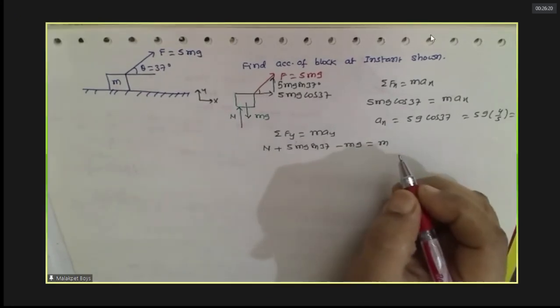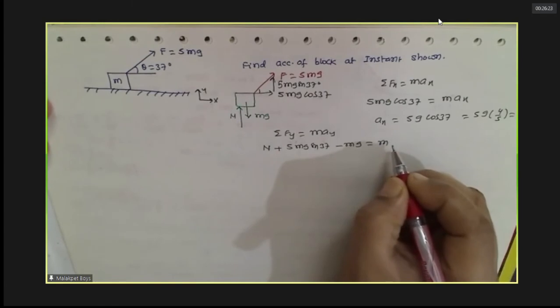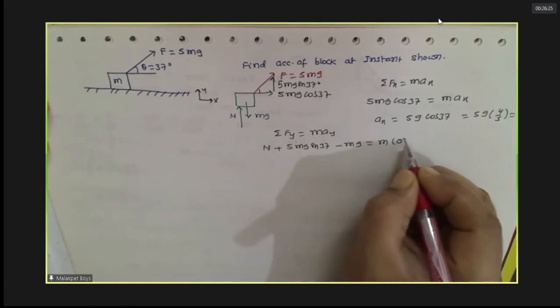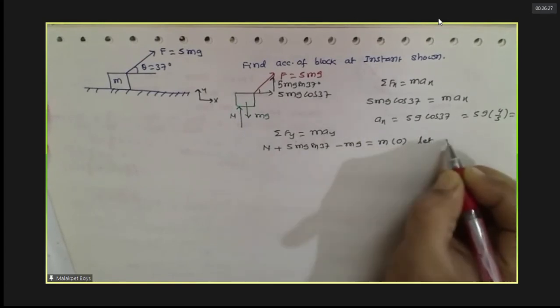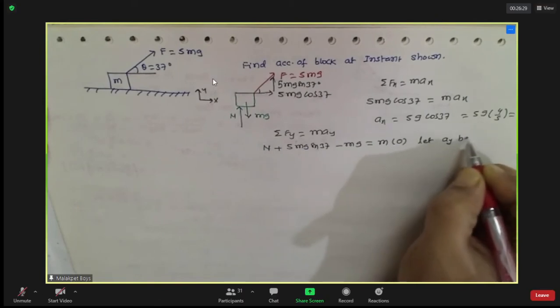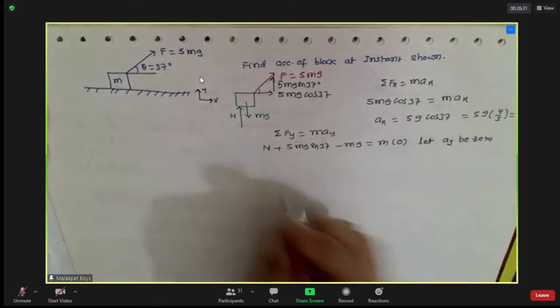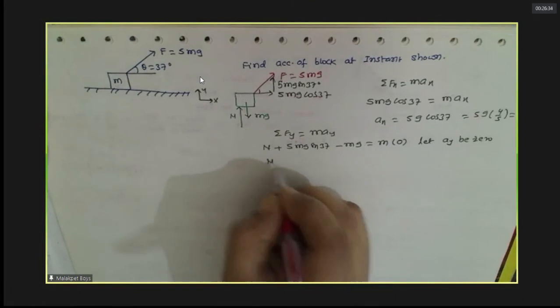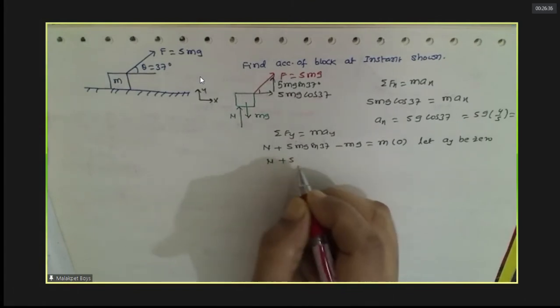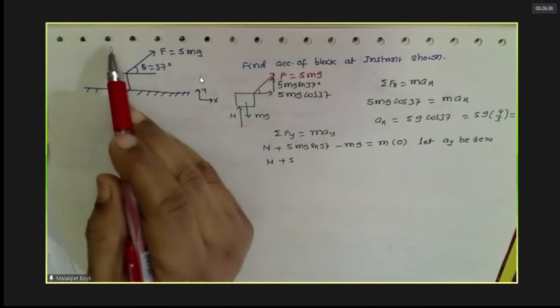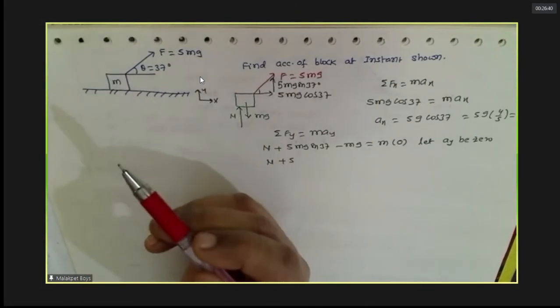So here suppose ay is 0, because I don't know whether the block will rise up into the air or it will stay there.